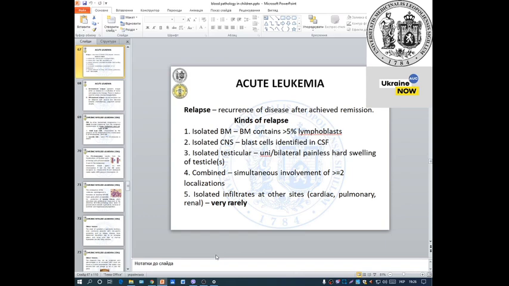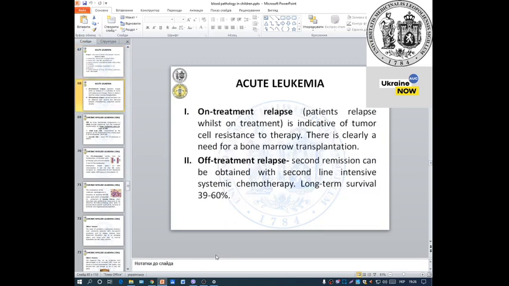Third, isolated testicular relapse. Fourth, combined relapse with simultaneous involvement of 2 or more localizations. And fifth, isolated infiltrates of other sites, cardiac, pulmonary, which are very rare.